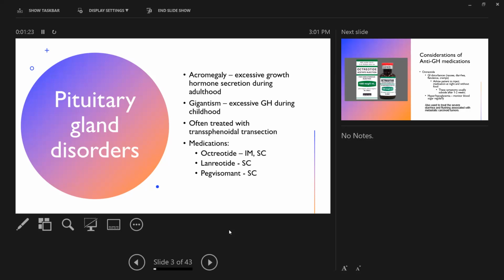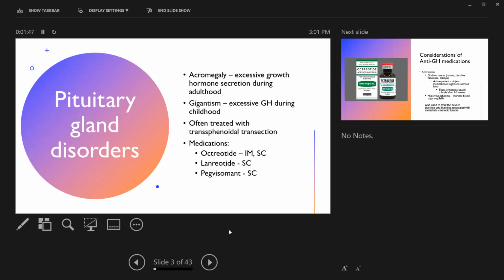Growth hormone excesses during childhood can cause gigantism, and growth hormone excesses during adulthood cause acromegaly, where the skeleton does not get bigger, it gets bulkier, and soft tissues get bulkier too.